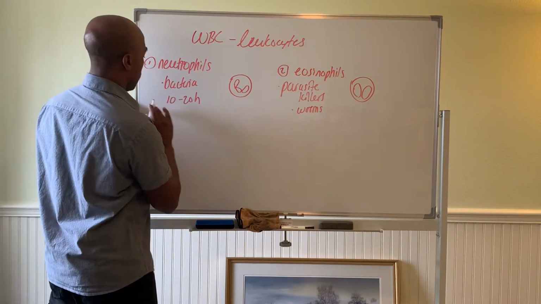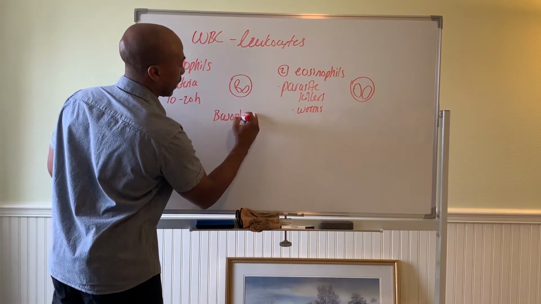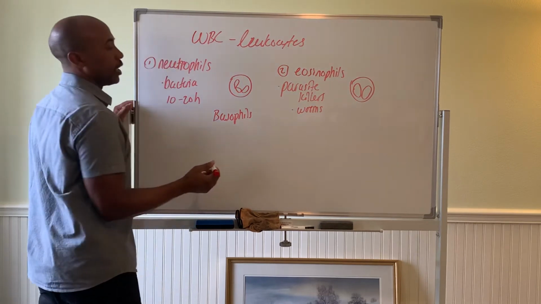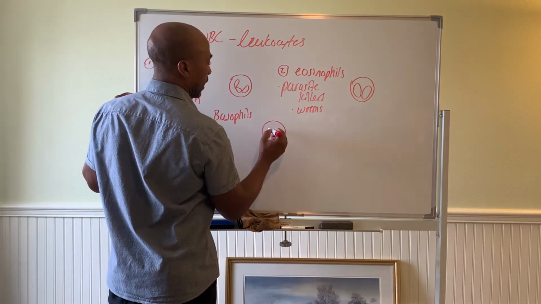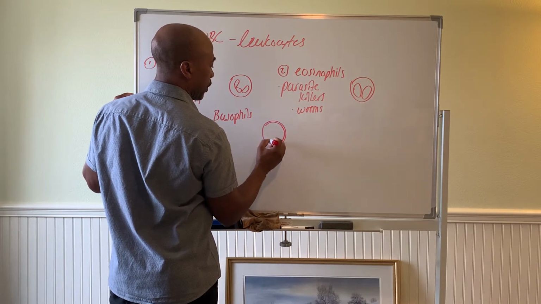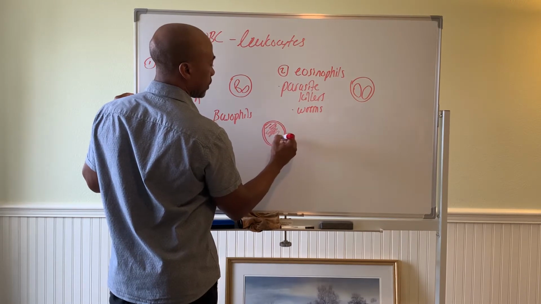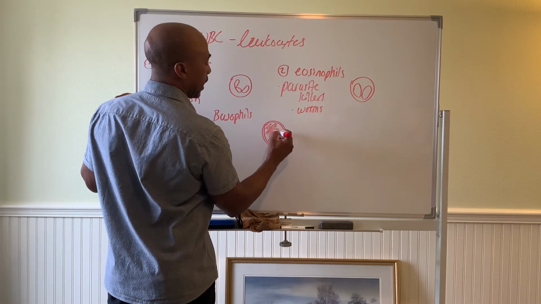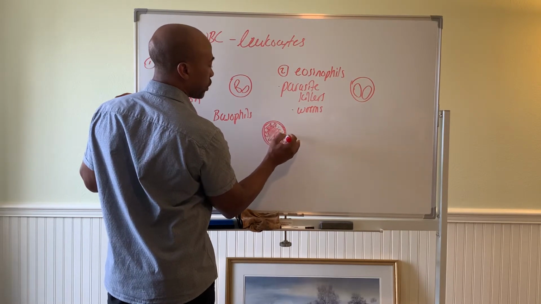Then we have your basophils. Basophils typically look like this, where here's a cell, and the nucleus will occupy the entire cell, and it's dark-stained as well as dotted. It must have the granules in it, of course.